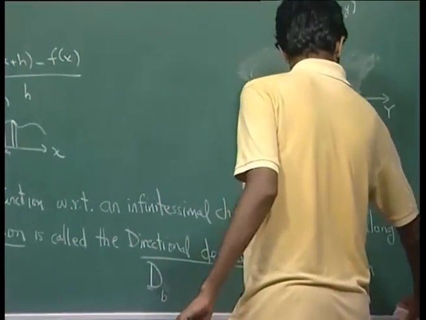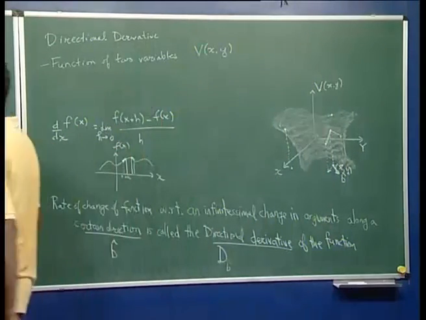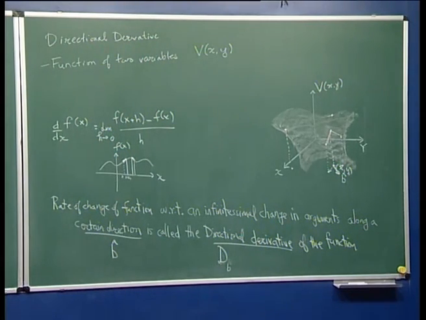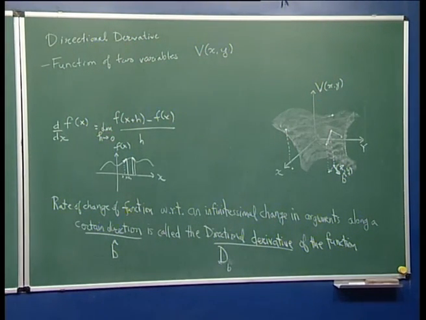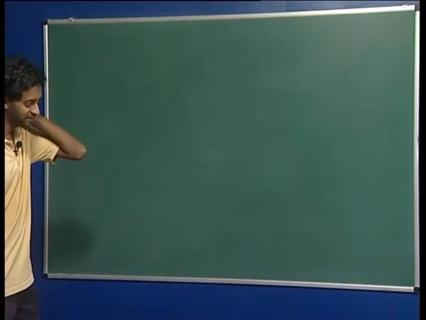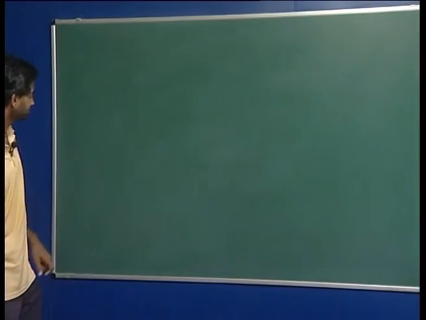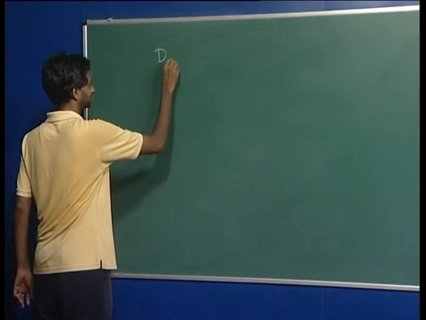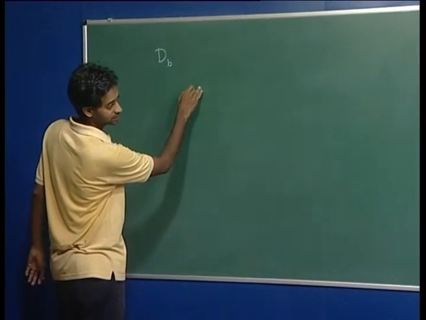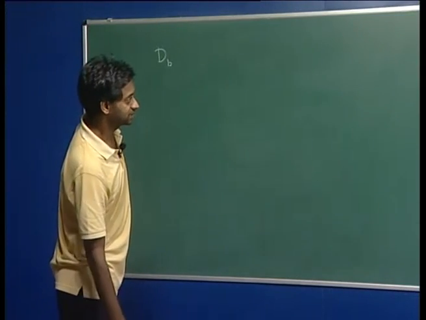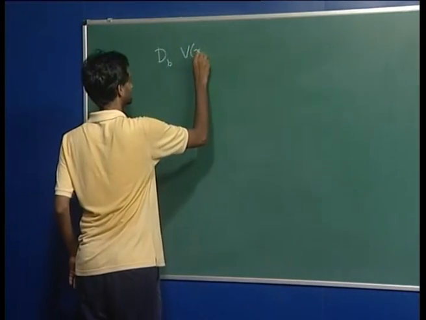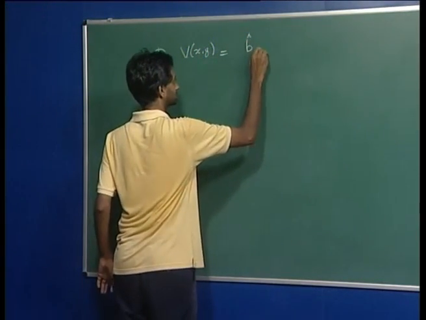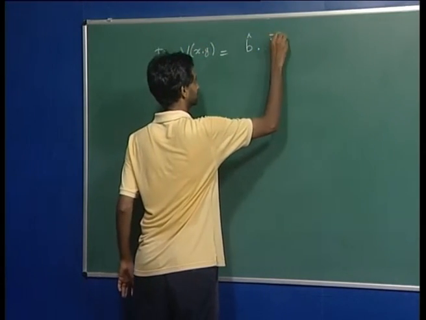So how is the directional derivative related to the gradient? This directional derivative is actually very closely related to the derivative, and to the gradient in fact. It's not hard to show that the directional derivative of the function, if I had a function v of x y, is equal to b hat dot gradient v.